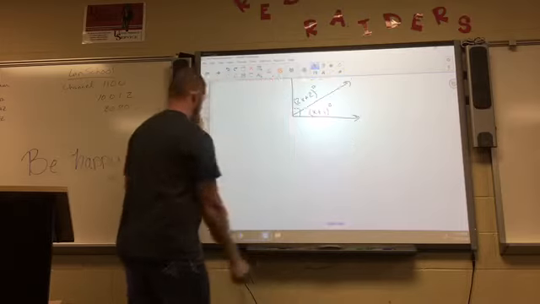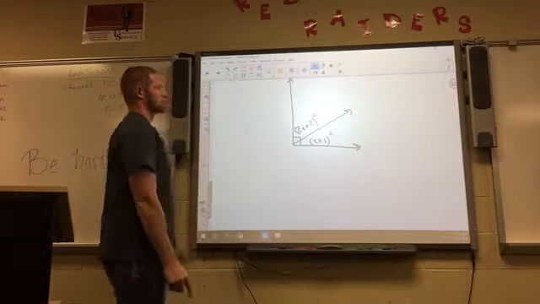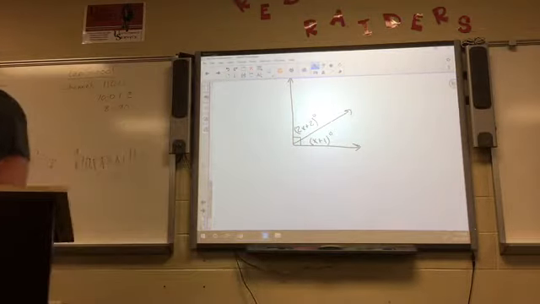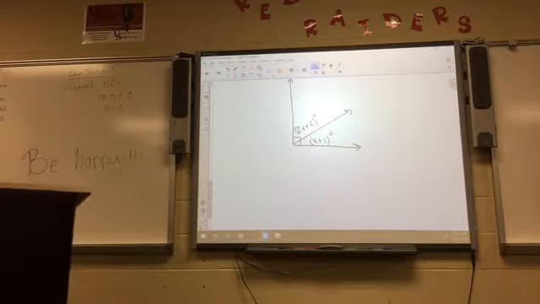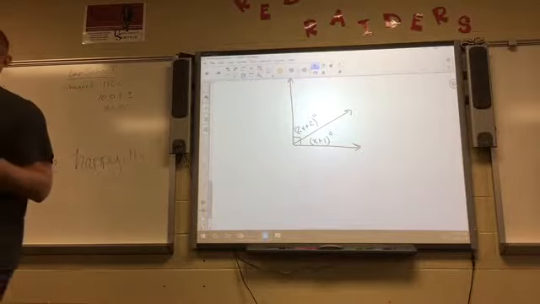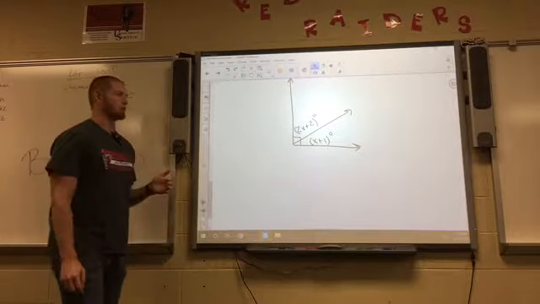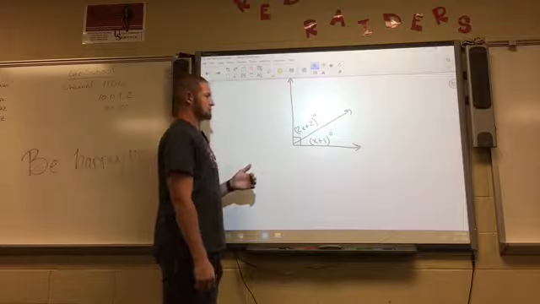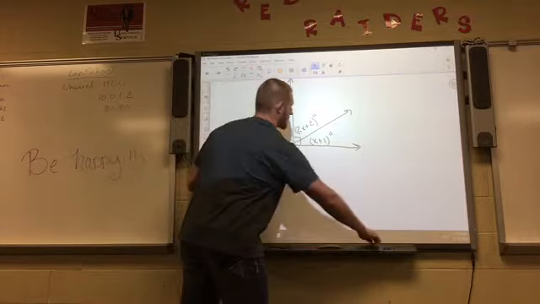Could make it a little bit more challenging. But what is something I know about that diagram that I have marked? It's a 90-degree angle, right? That large angle is 90 degrees. So how can I solve for x then? Put it equal to 90. Put what equal to 90? 2x plus 2 plus x plus 1 equals 90.